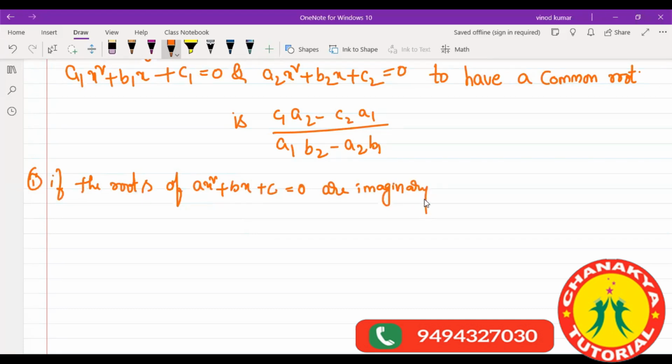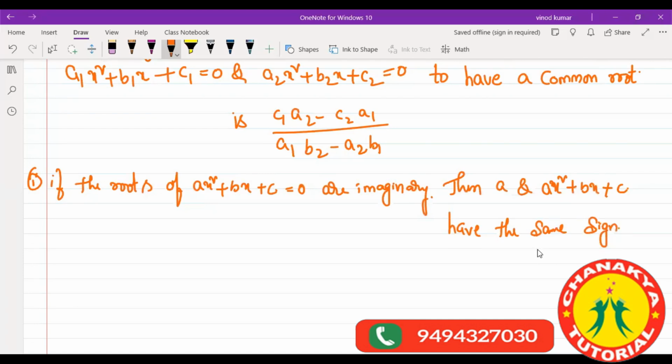When those two roots are imaginary, then a and ax square plus bx plus c have the same sign.